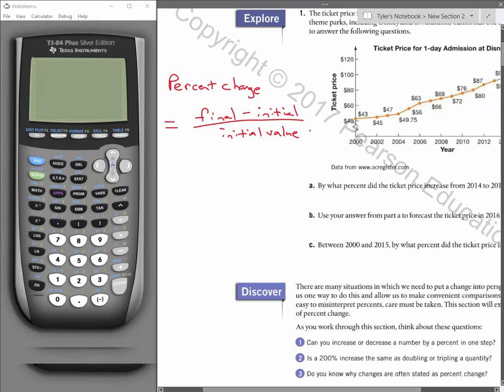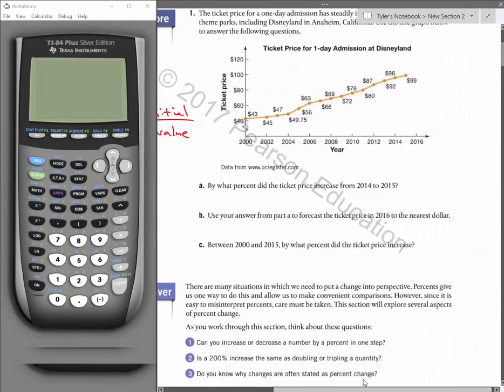Essentially we're looking at the difference between the two values, and then we're always comparing it to the initial or the original value. That's our base. So this very first problem, we'll need to use this.